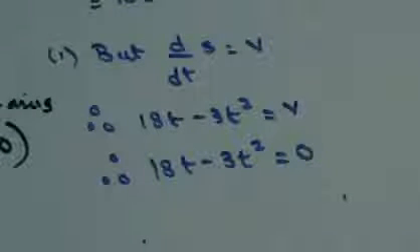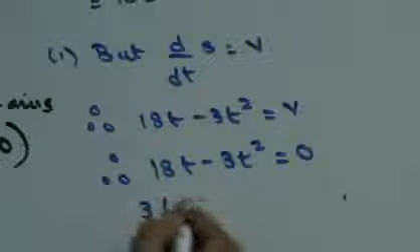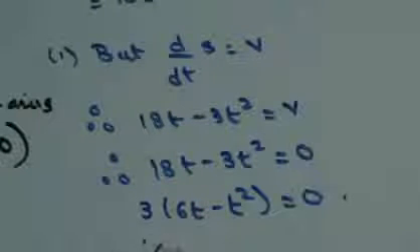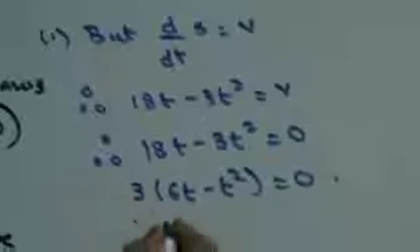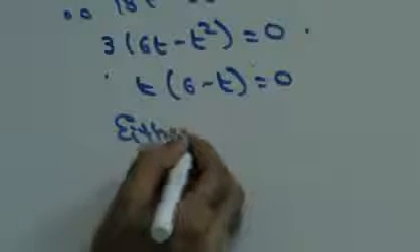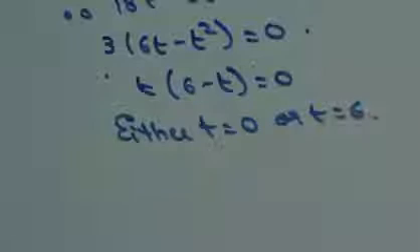Once you have this, you can find the value of t from here. Take 3 common, so I'll get 6t minus t square is 0. Here I could take t common, so I'll get t times (6 minus t) is 0. So either t is equal to 0 or t is equal to 6.